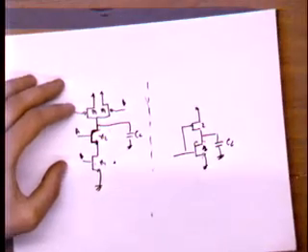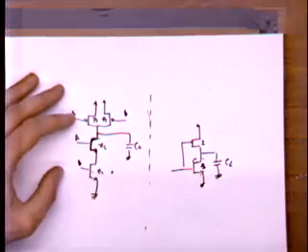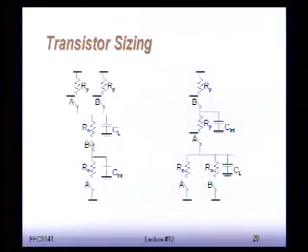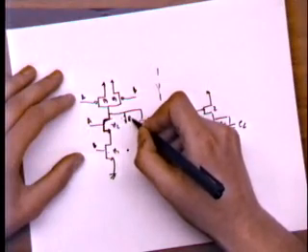Because remember, if we go back to the slide, in the worst case pull down, both these transistors, both these switches are closed, and so we are seeing 2Rn, okay? So if this guy has Rn, here we are going to see 2Rn in the worst case.